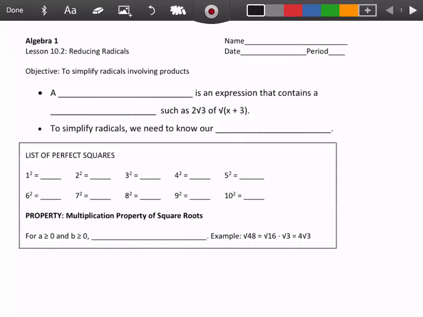10-2 is all about square roots and reducing square roots. Mathematically, we can call a square root a radical. So a radical expression is an expression that contains a radical.